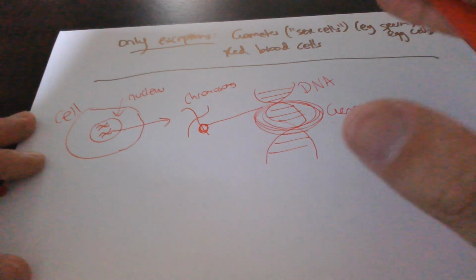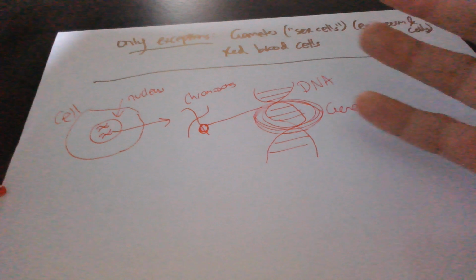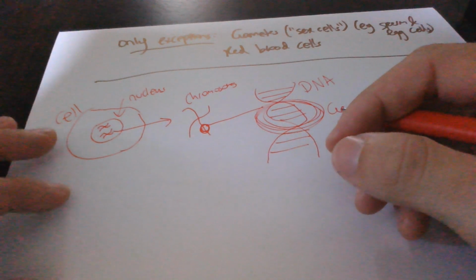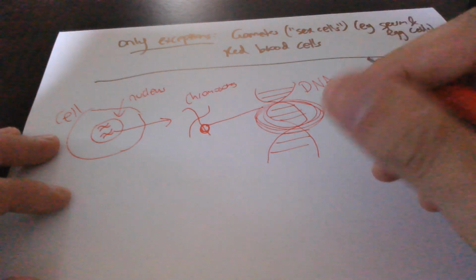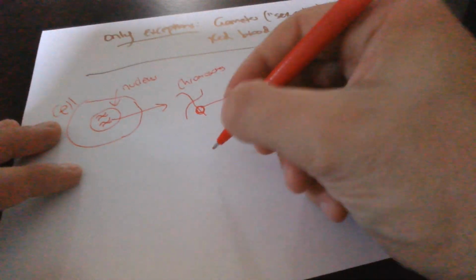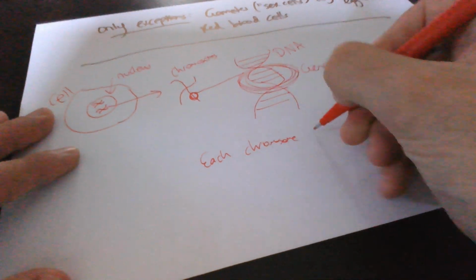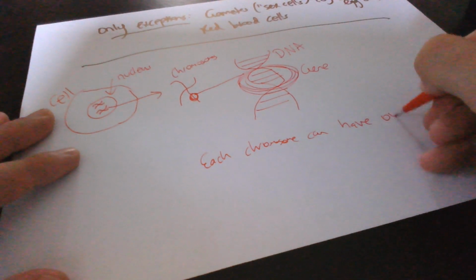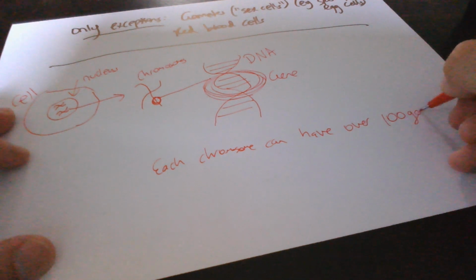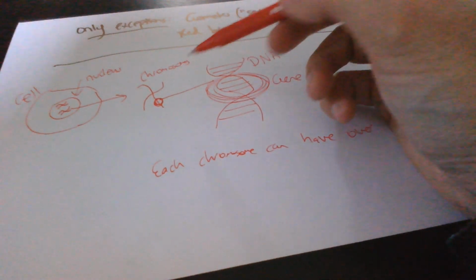It's also worth mentioning that each chromosome consists of many genes along its length, and each chromosome can have over 100 genes. You'd expect that because DNA is so small and it's only a chunk.